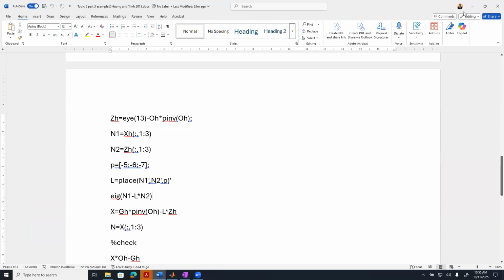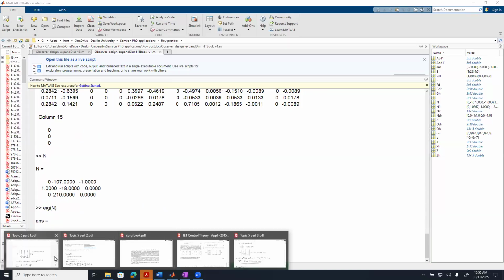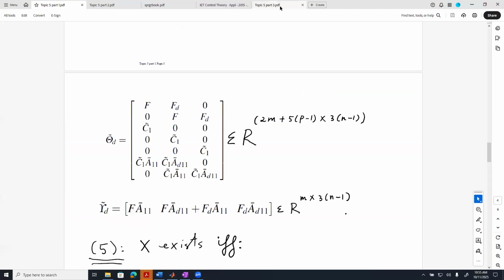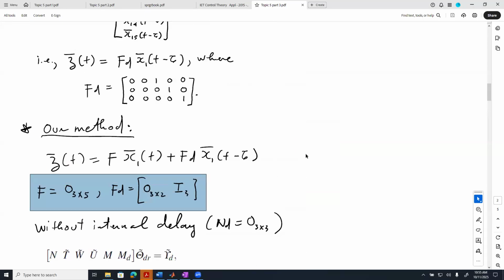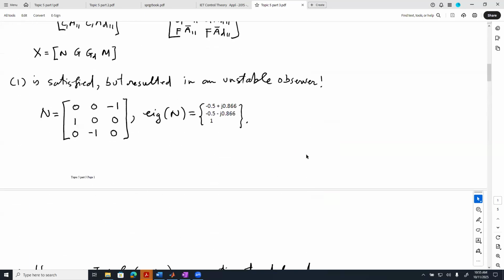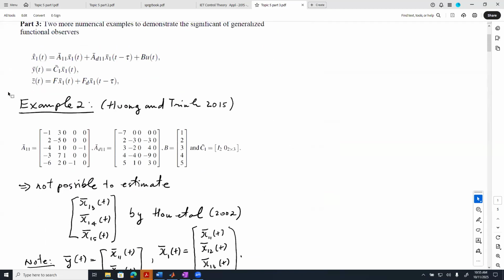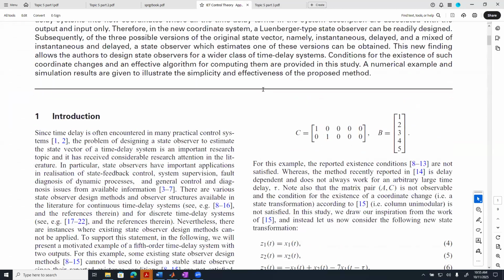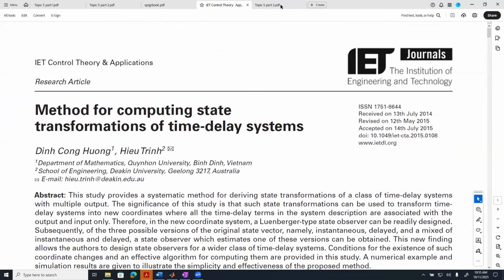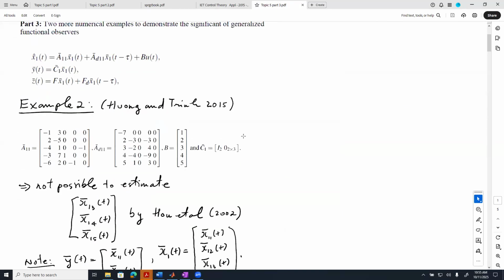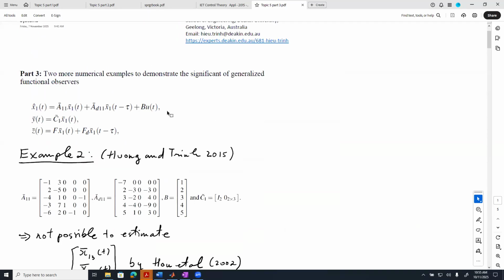So the main thing that we would like to say in here is that when it comes to designing a delay version of the state vector directly, as in this numerical example, instead of applying the methods presented in this reference, we can actually use the new way of solving generalized functional observers.